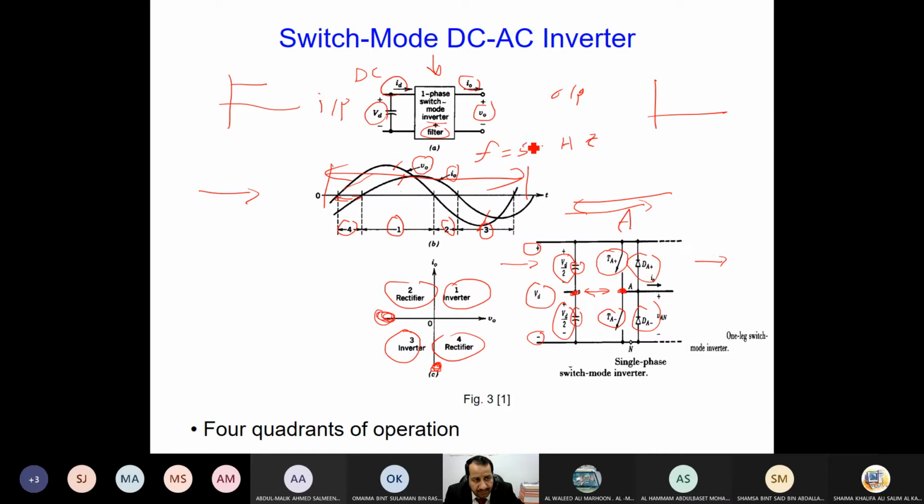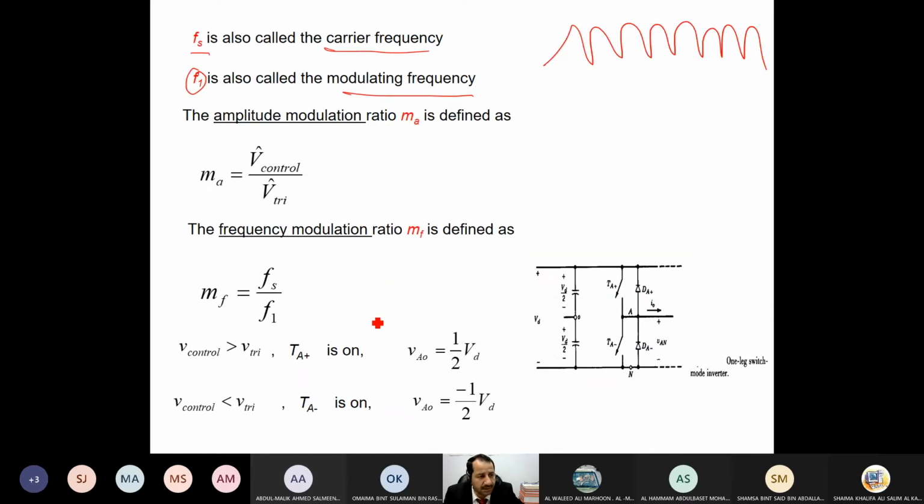The frequency of the output voltage is the fundamental frequency. Now, if I define Fs, which is high, over F1, which is small, then I will have mf, defined to be the frequency modulation ratio. I need some parameters to judge and analyze my inverter.